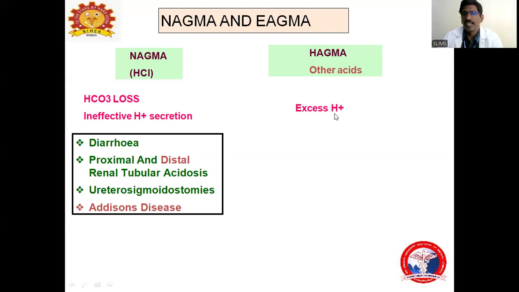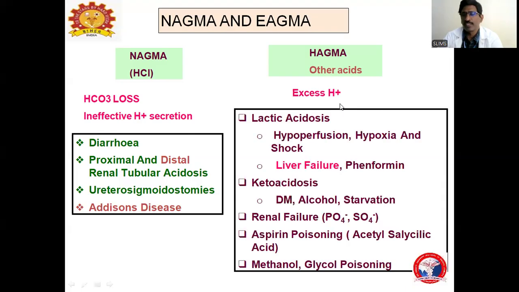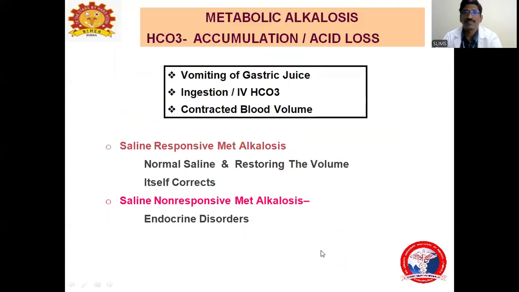In high anion gap, there is also excess H plus ion, but the acid is different from hydrochloric acid. There is some other acid, like lactic acidosis in hypoperfusion or liver failure; ketoacidosis in diabetic patients, alcoholics, or starvation; renal failure patients, that is phosphoric acid and sulfuric acid; acetylsalicylic acid; and ethanol and glycol poisoning.